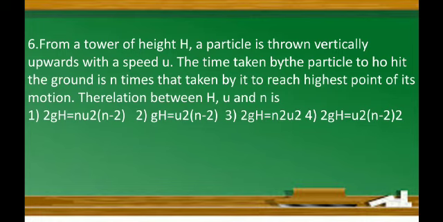The relation between h, u and n is, first one: 2gh is equal to n u square into (n minus 2). Second one: gh is equal to u square into 2 into (n minus 2). Third one: 2gh is equal to n square u square. Fourth one: 2gh is equal to u square into (n minus 2) into 2.